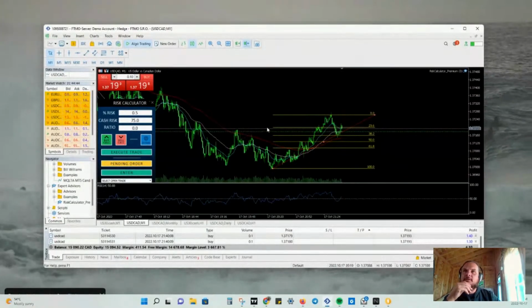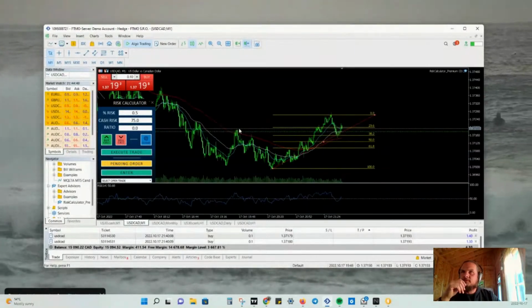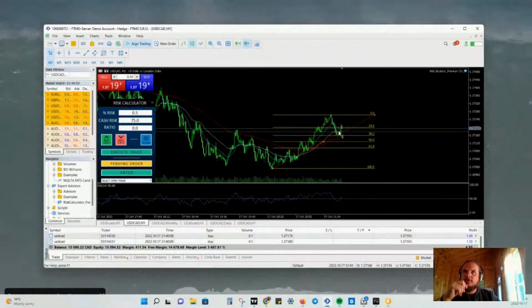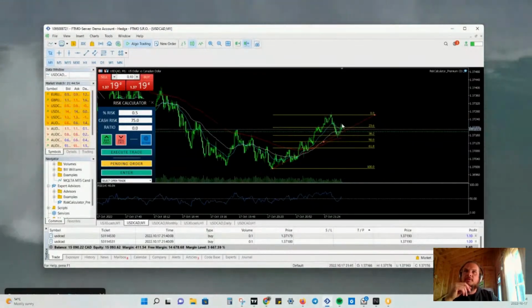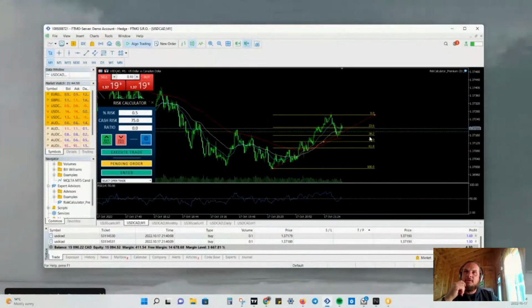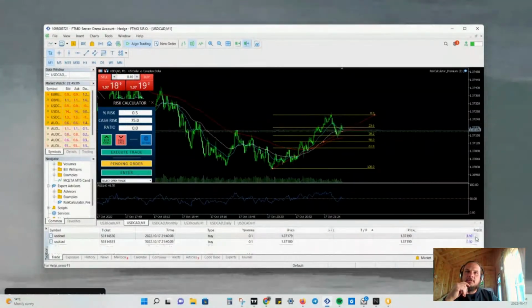Here we are again at this zone. This was resistance broken, but fell through. See what happens here. This could be the lower high of a downtrend now. Here's our lower low, lower high. I'm just going to take it.